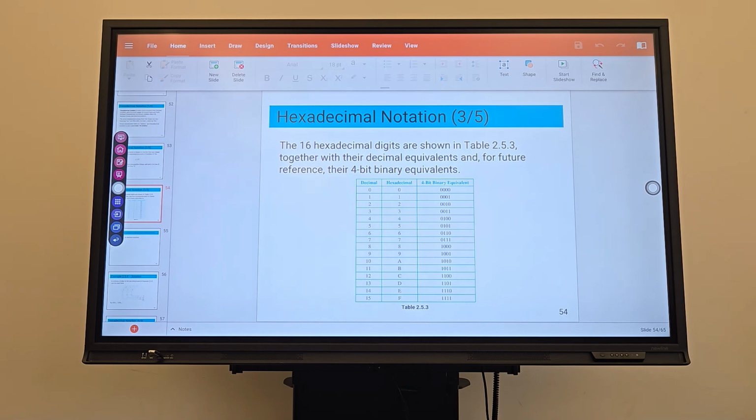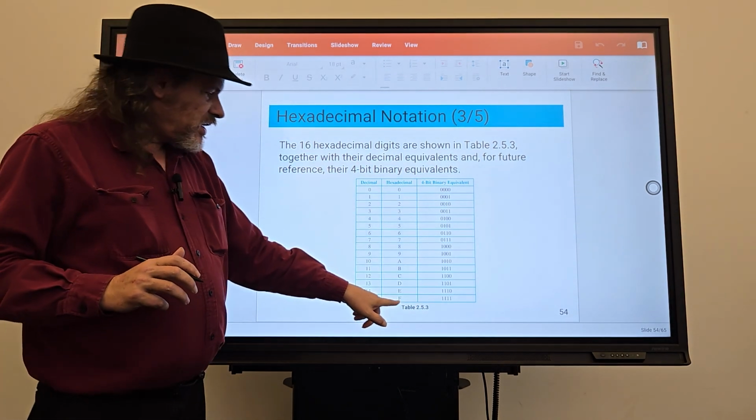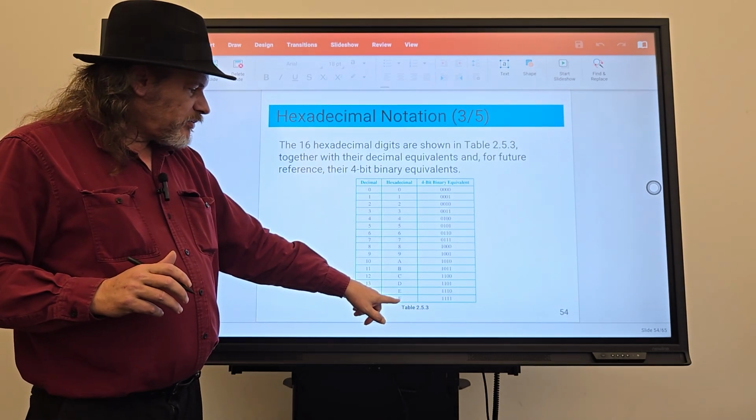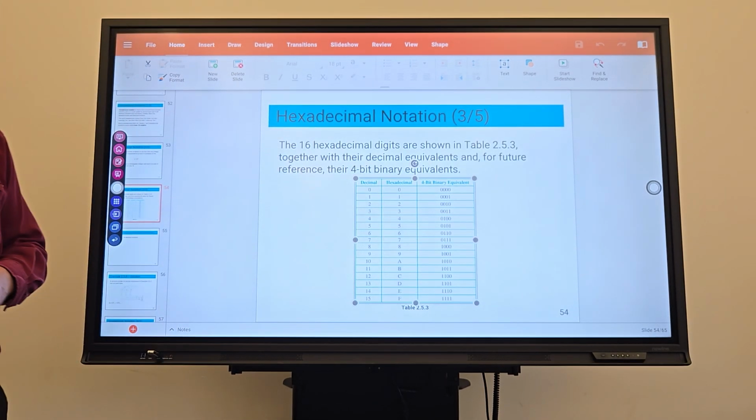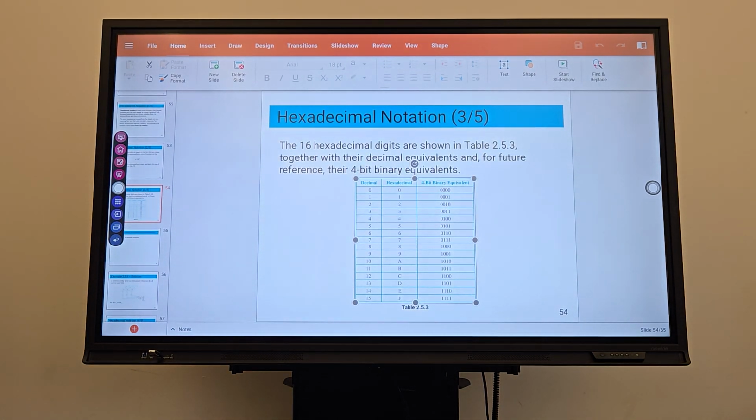Whereas in hexadecimal, each 4 bits can be taken up by one hexadecimal digit, and therefore 64 bits would be represented by 16 characters instead of 64. Yeah, 16.